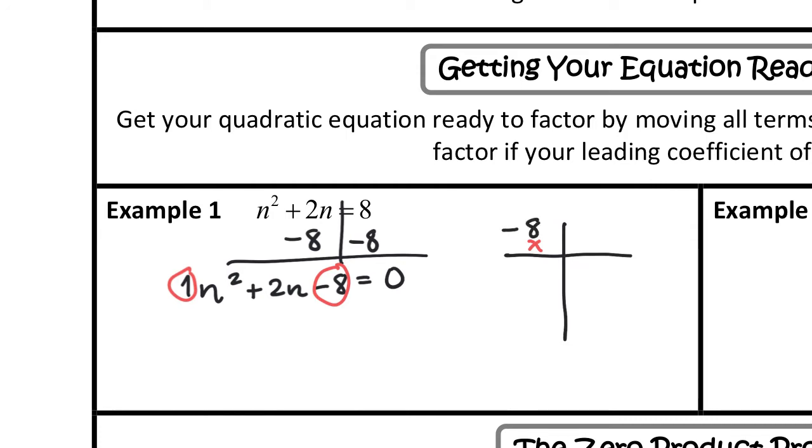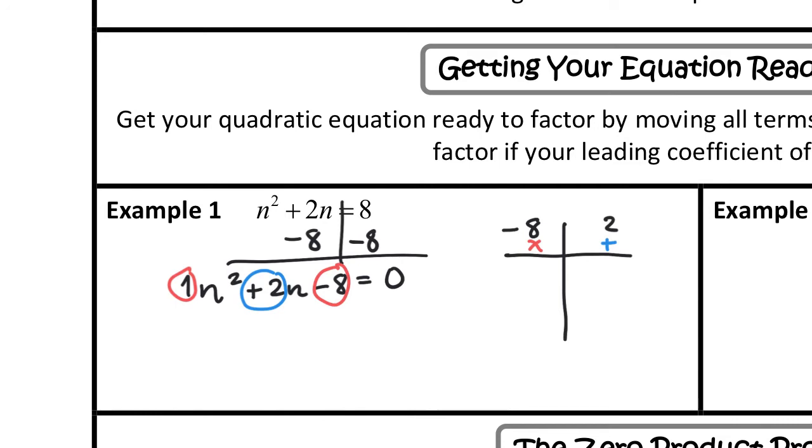It's negative 8. And then the middle number is 2, and so we want to find two numbers that add to give me 2.